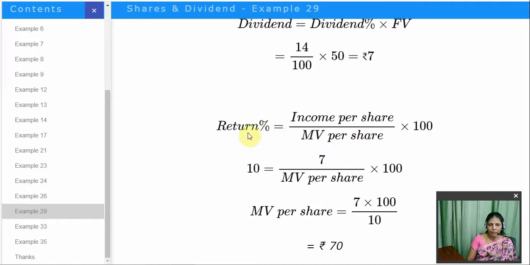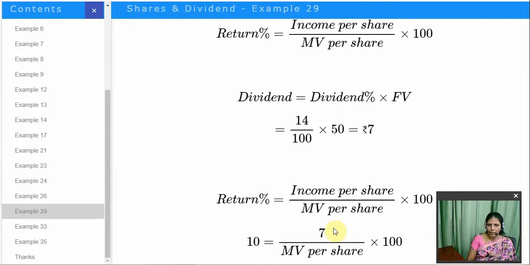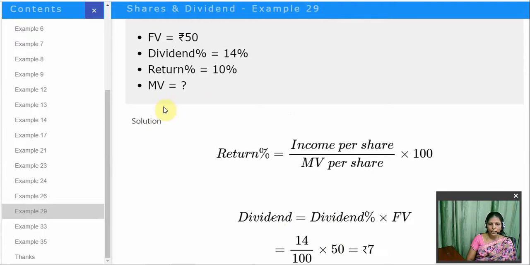So under this return percentage I have written 10 as it is given 10%. Income per share we have just now found as 7 rupees, by market value per share into 100. So cross multiply. So market value per share is equal to 7 into 100 by 10, that is equal to 70 rupees. So market value per share is what? Rupees 70. This is what we need to find out from this question, market value per share.